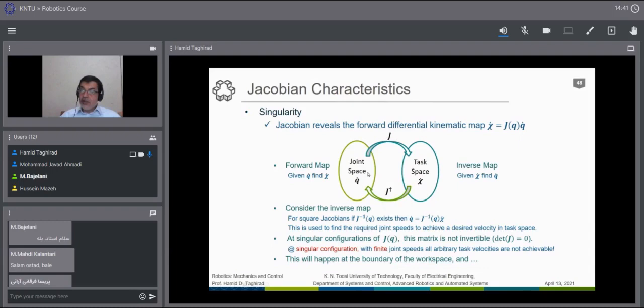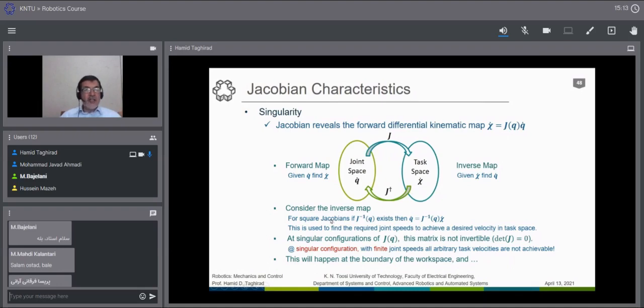Since these two have the same dimension, the Jacobian is a square matrix. In many cases we have a square matrix. We will discuss non-square matrices in the next session, but in this session we focus mostly on the square matrix. If it is square, the inverse Jacobian is simply the inverse of a matrix.